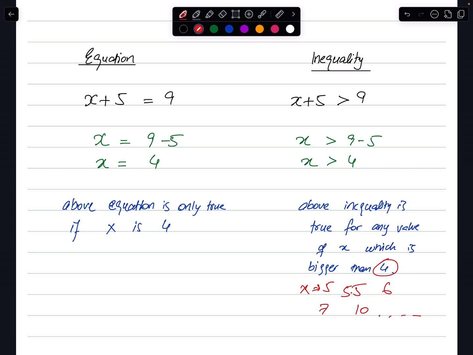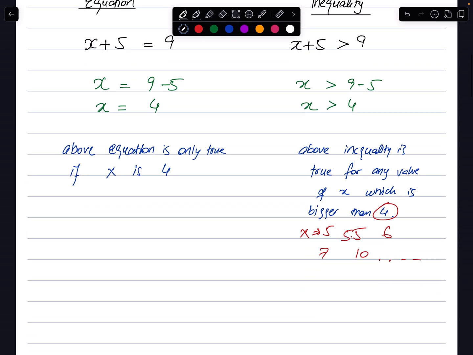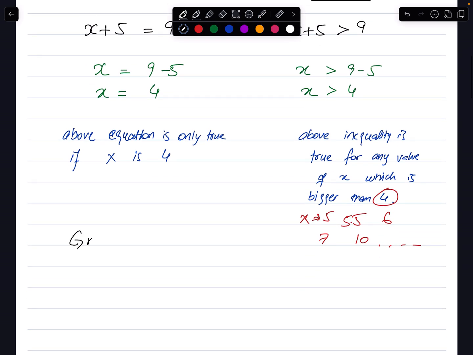Okay? So in an inequality you get a whole range of values of x, whereas in an equation you get a single value. Okay? So keeping that in mind, when we make a graph, an equation is represented by a line.